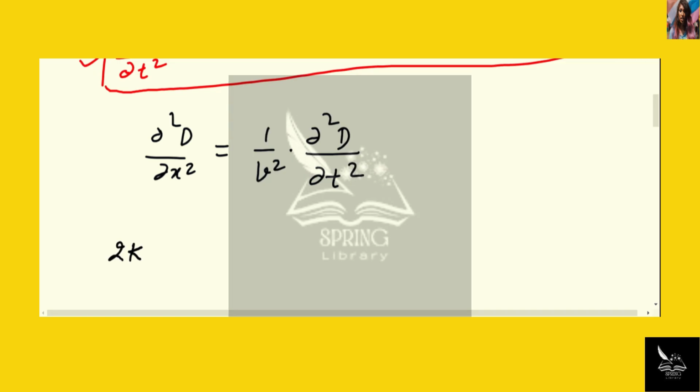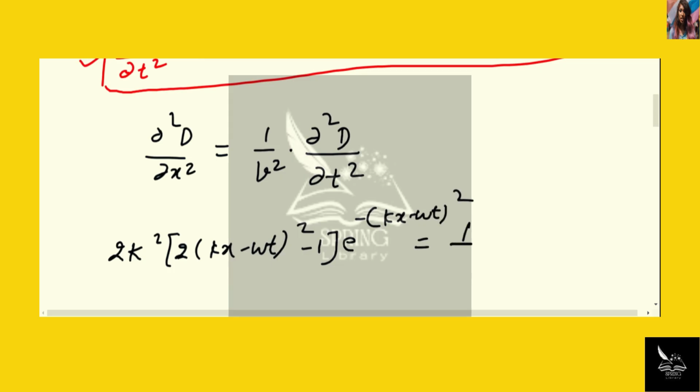After putting, 2k²[2(kx - ωt)² - 1] e^(-(kx - ωt)²) should be equal to (1/v²) times 2ω²[2(kx - ωt)² - 1] e^(-(kx - ωt)²).